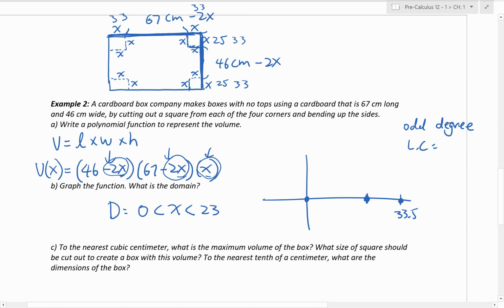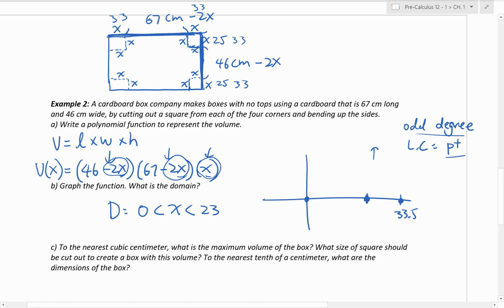So it actually will give us positive 4x cubed. So the leading coefficient is positive. If it's positive and odd degree, it's going to behave like a linear function going upwards, from quadrant 3 to quadrant 1.